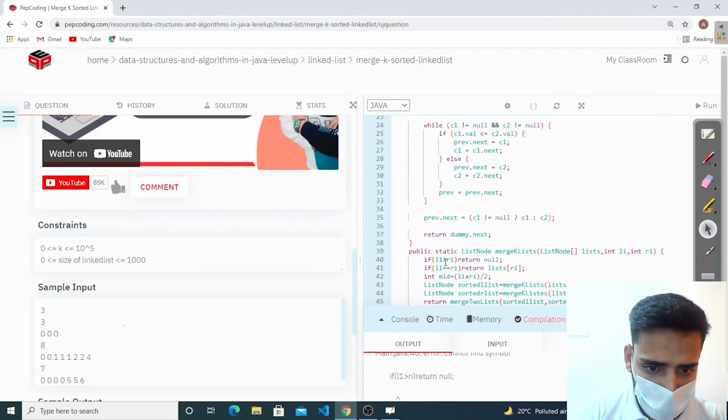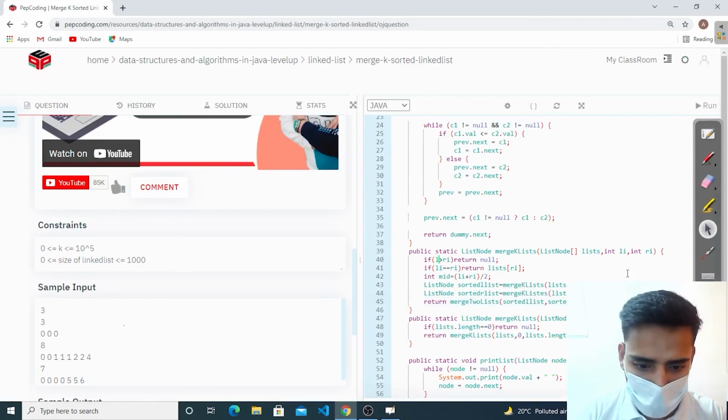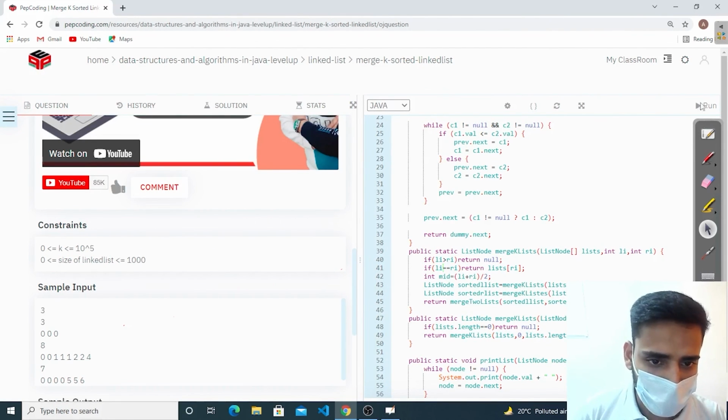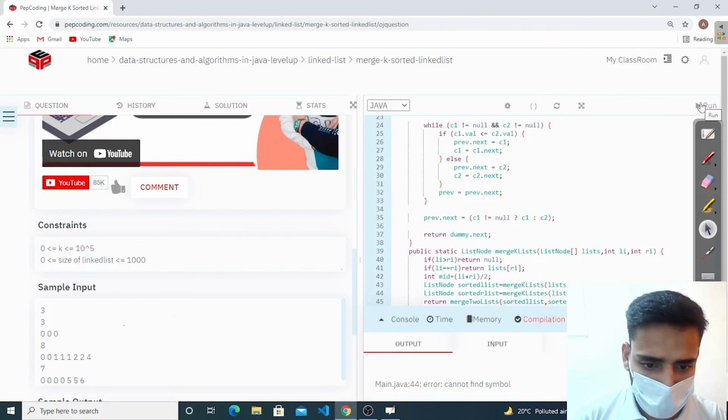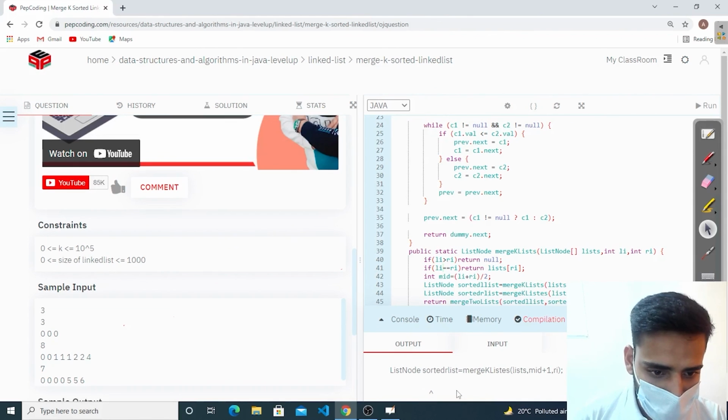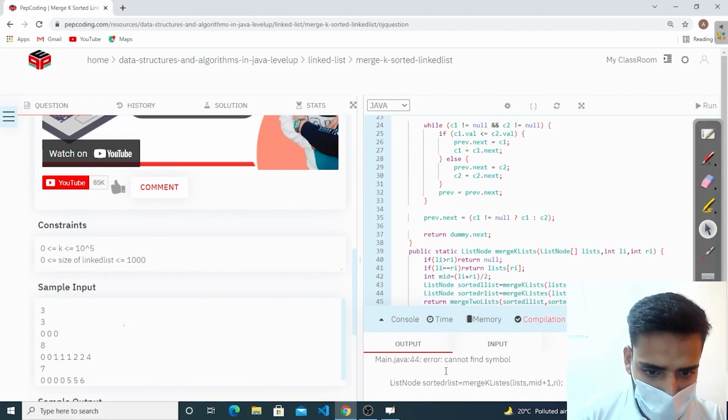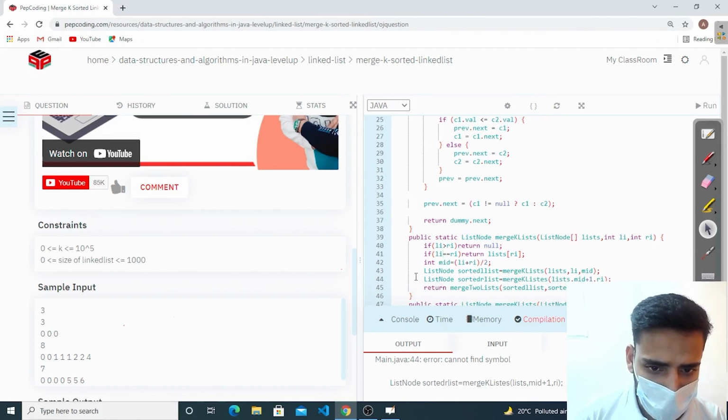Some typing mistake here, it is li, not L1. Now let's run it again. It says cannot find symbol, not sorted list is equal to Merge-k-list. Again a typing mistake, in line number 44.